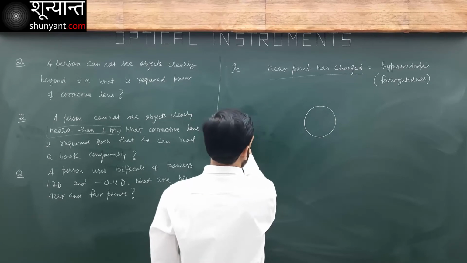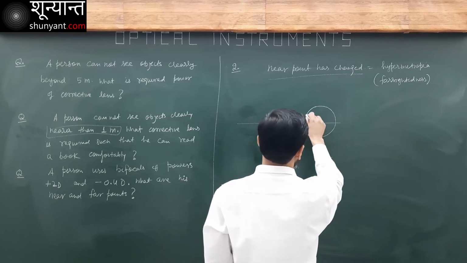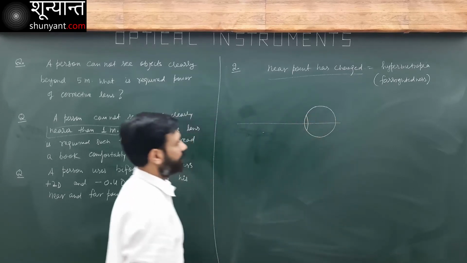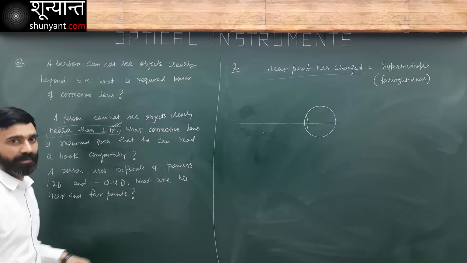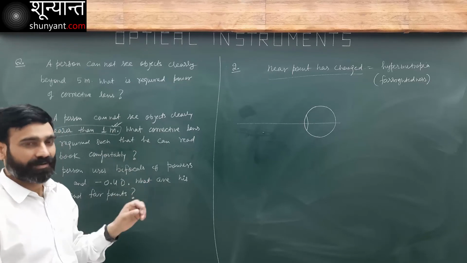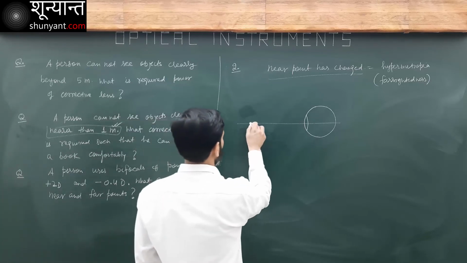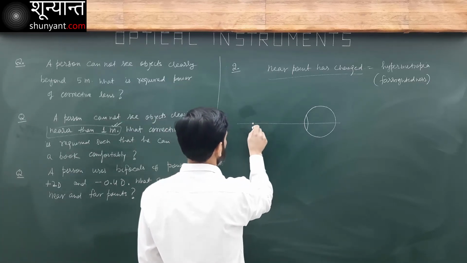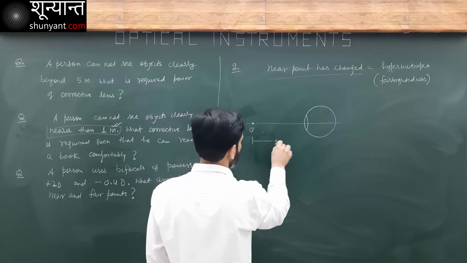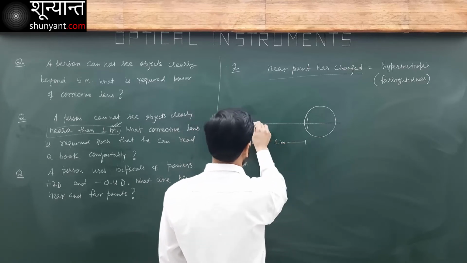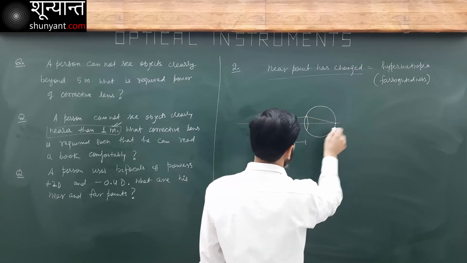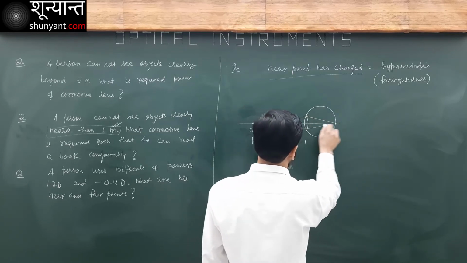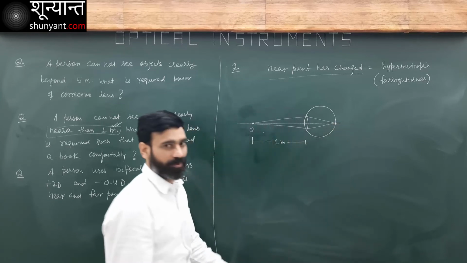If my object is at 1 meter, I can see it. My eyes form the image just fine at the retina here. I am able to see it.